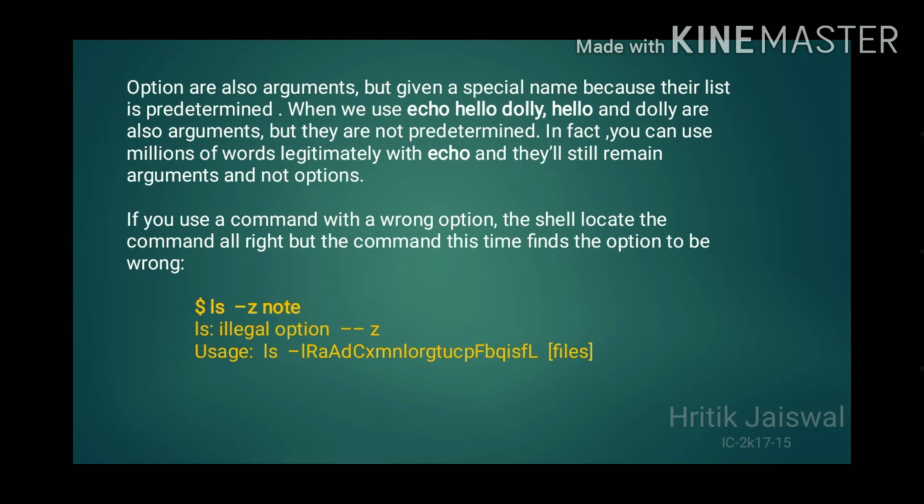If you use a command with a wrong option, the shell locates the command alright, but the command this time finds the option to be wrong, such as $ ls hyphen z: ls illegal option hyphen hyphen z, usage ls and files.